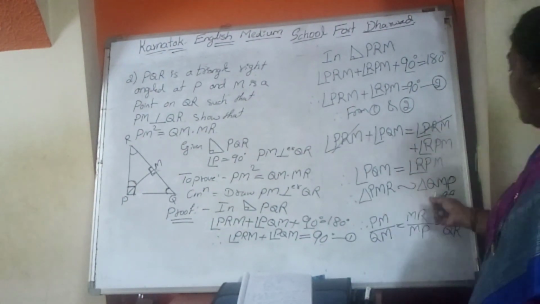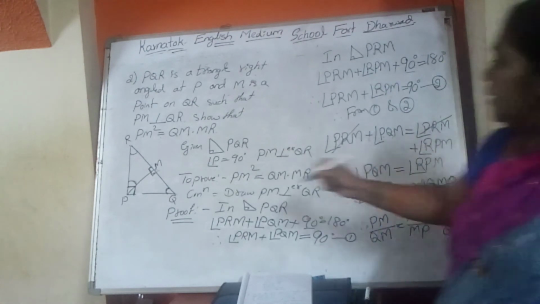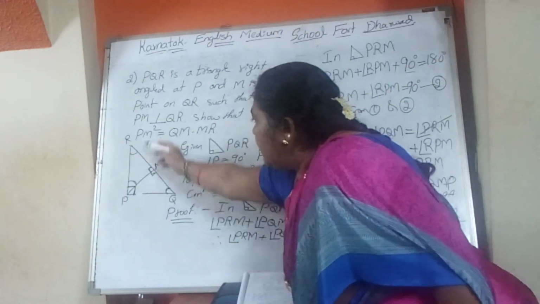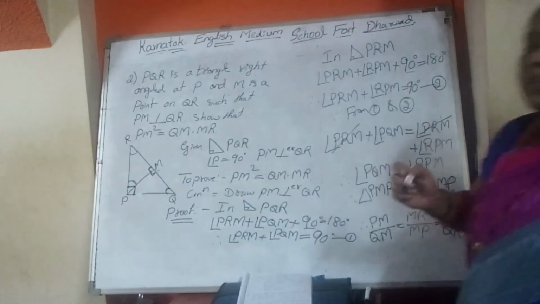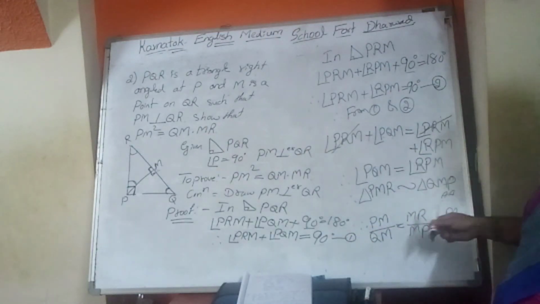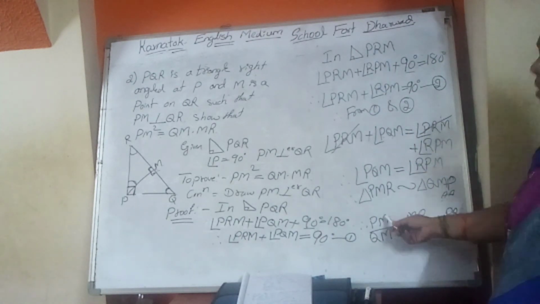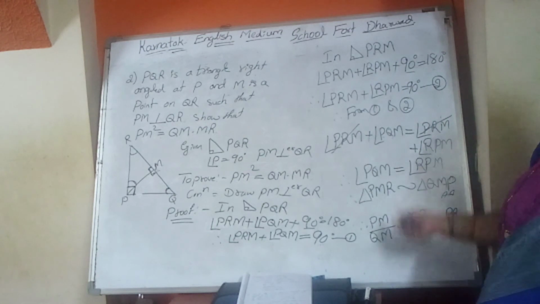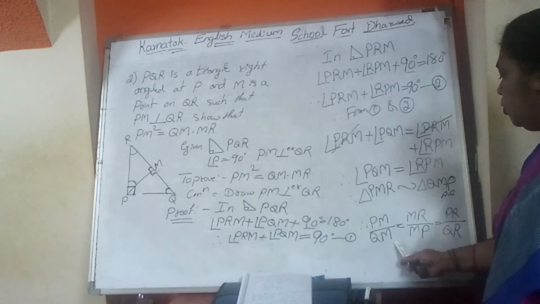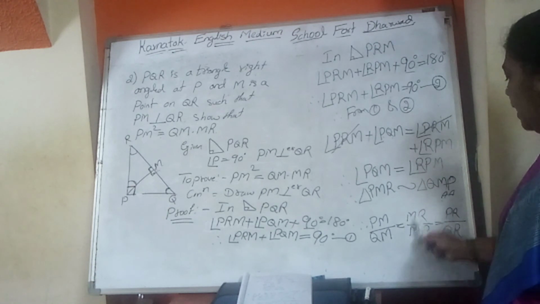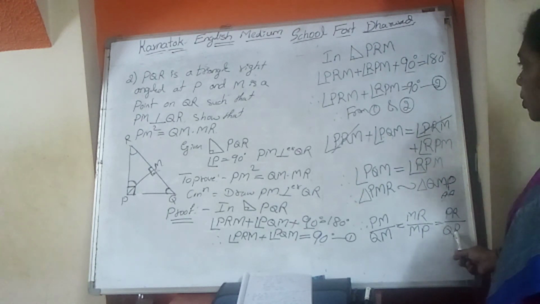When these two triangles, PMR and QMP, are similar, you already learned the theorem: their corresponding sides are in equal ratio. PM upon QM equals MR upon MP equals PR upon QR.